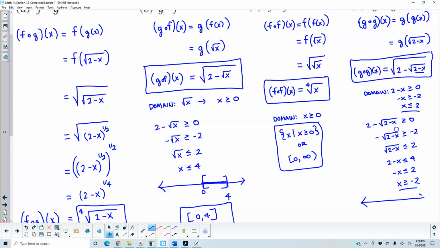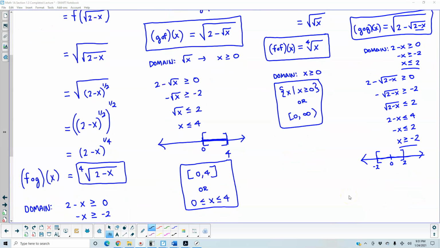So now let's take a look at this and this on our graph. At negative 2, we know it's going to be greater than or equal to, and at positive 2, we know it's going to be less than or equal to. So the domain is in between negative 2 and 2, or in set builder notation, we would write x such that x is in between negative 2 and 2.